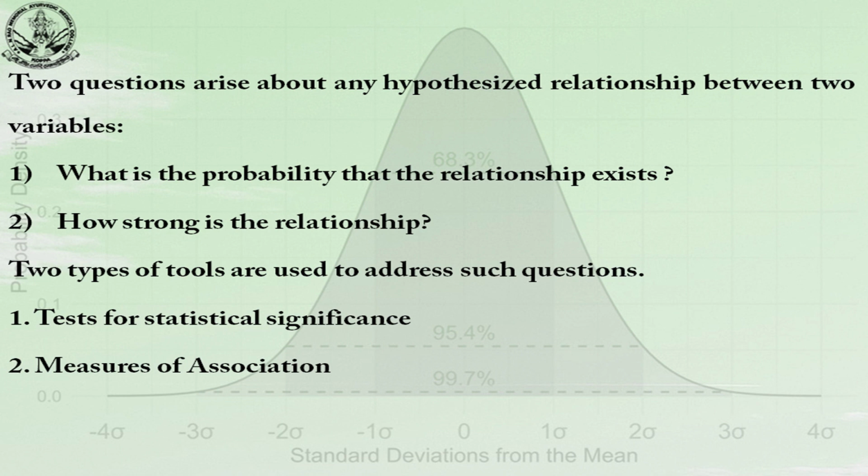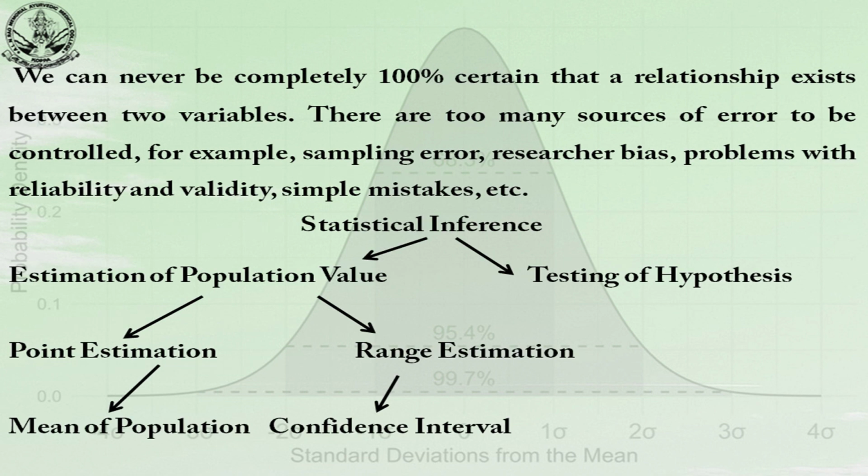So we are using tests for statistical significance that suggest the probability of a relationship. It will further give details about chances of error, because we can never be completely 100% certain that a relationship exists between two variables. There are too many sources of error to be controlled, like sampling error, research bias, problems with reliability and validity, and simply mistakes.